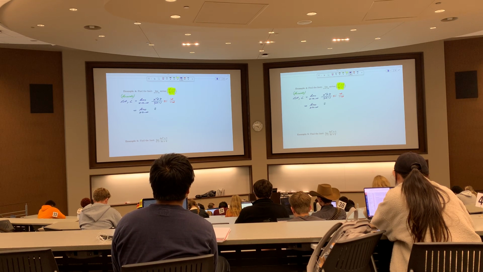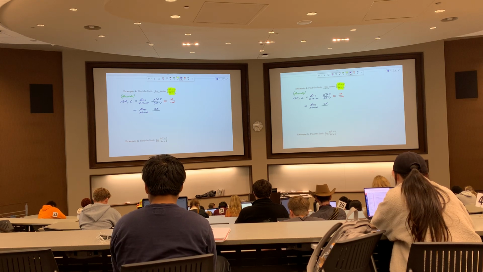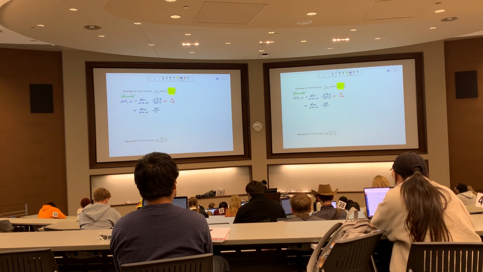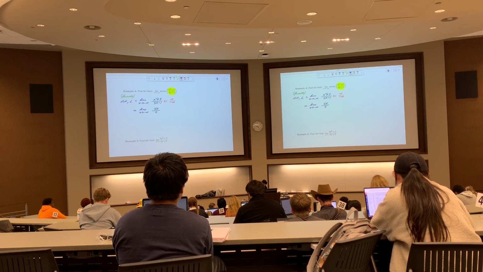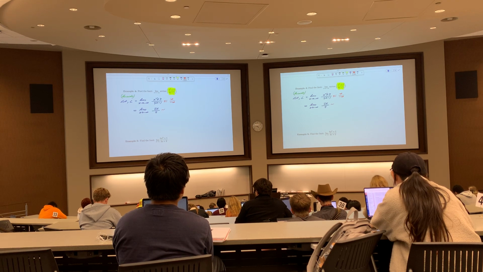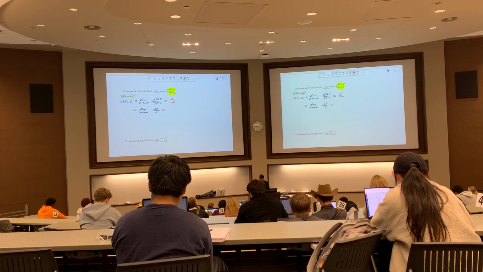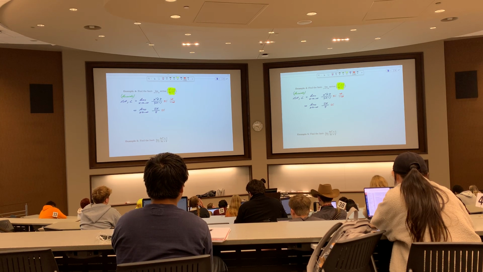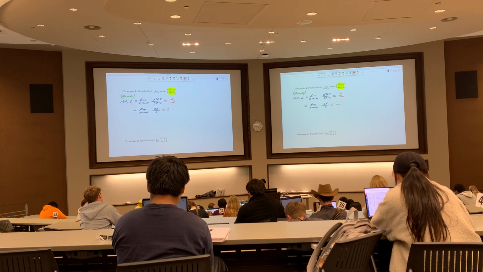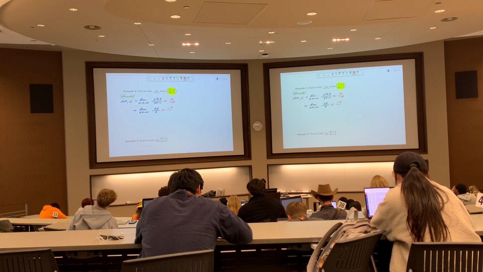So taking the derivative of the top function gives me 2x, taking the derivative of the bottom function gives me 4. So am I done yet? No. I have to see what form it is. So if I do the direct substitution again, it's negative infinity over 4.